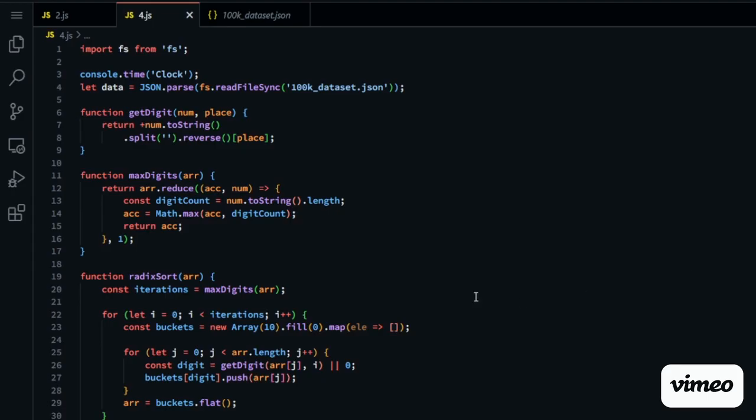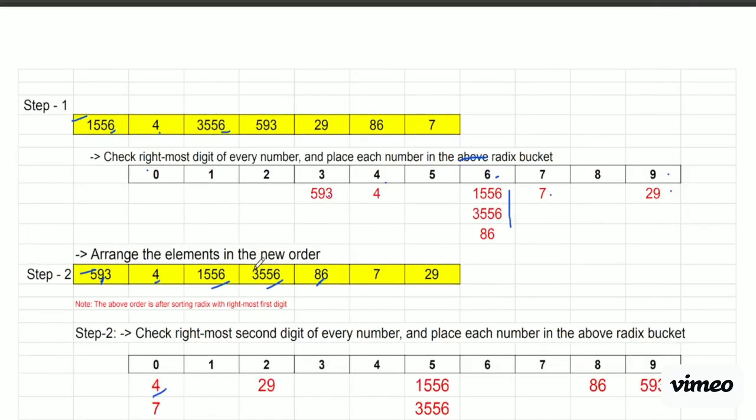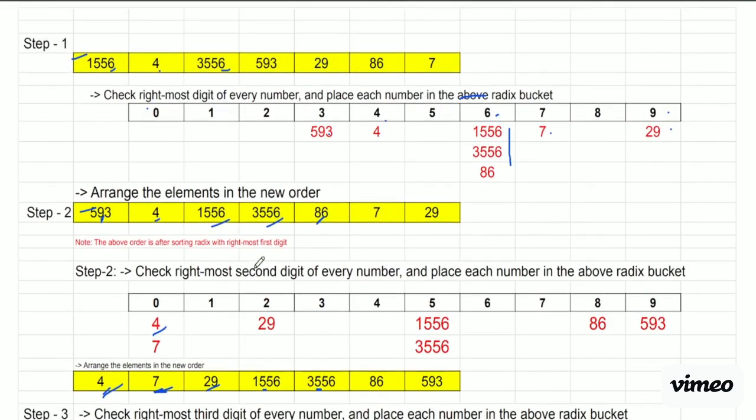computation costs. But in radix sort, there are some issues that must be taken care of. First of all, radix sort is not applicable for floats, obviously, because we don't have any positions available for floats. But there is another problem here.